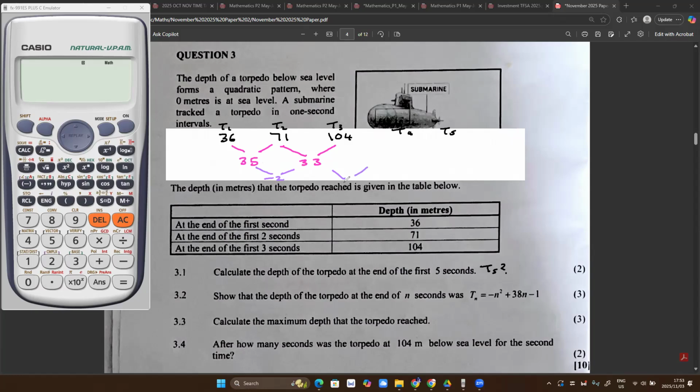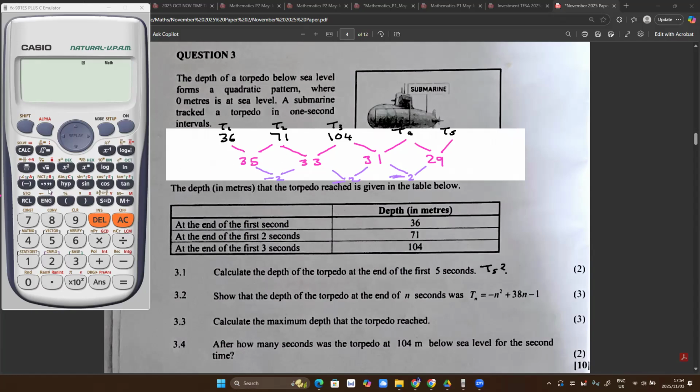We take 2 off 33, and that will give us this value here, the difference between T4 and T3. So that'll be 33 minus 2 is 31. And the next one, of course, will be 29. We can see that there. Just to complete it, this value here is minus 2, right?